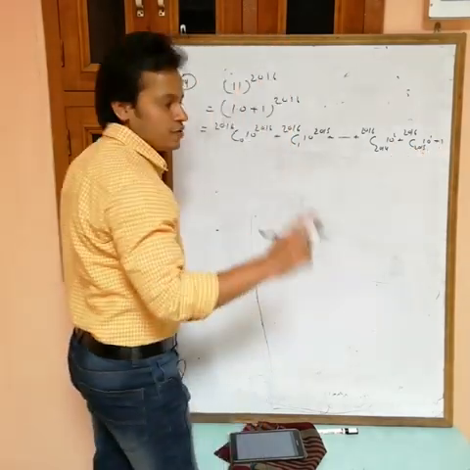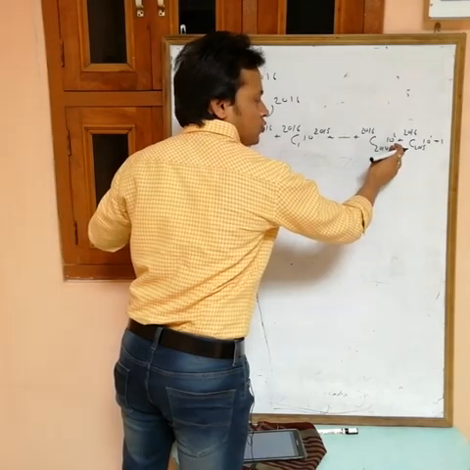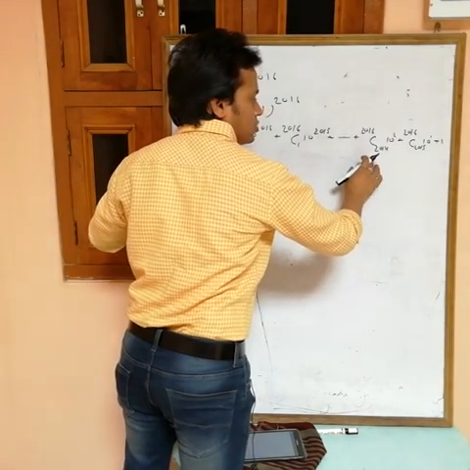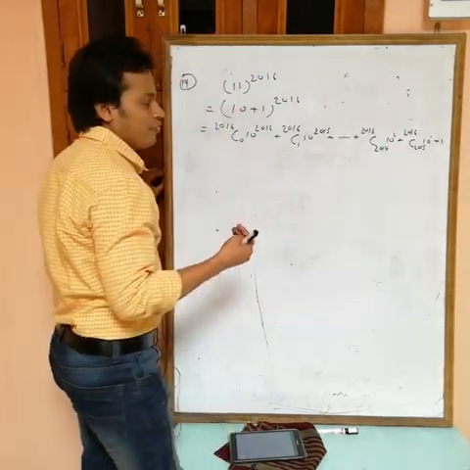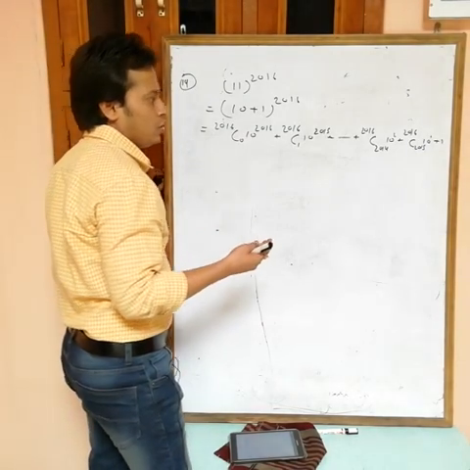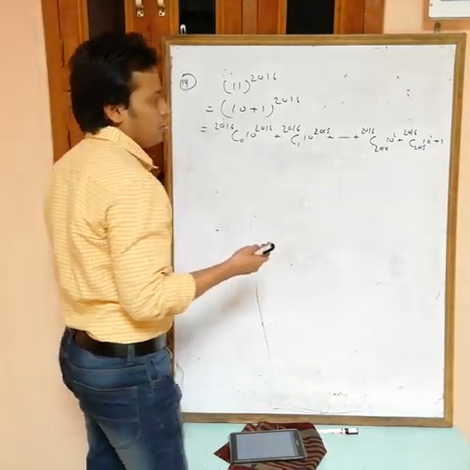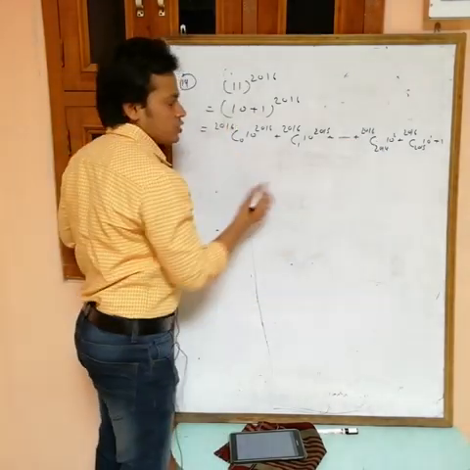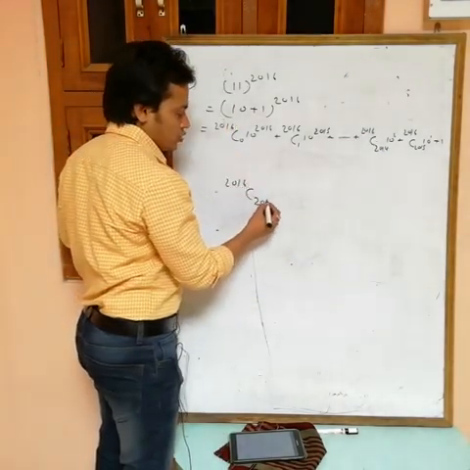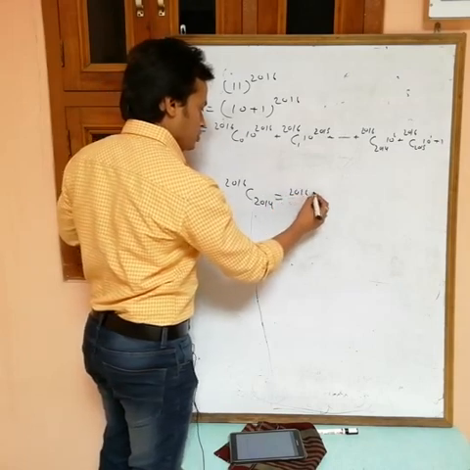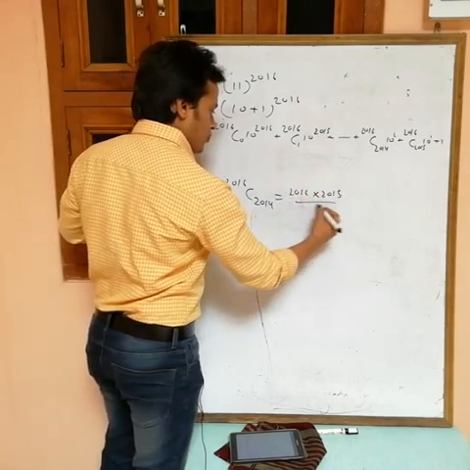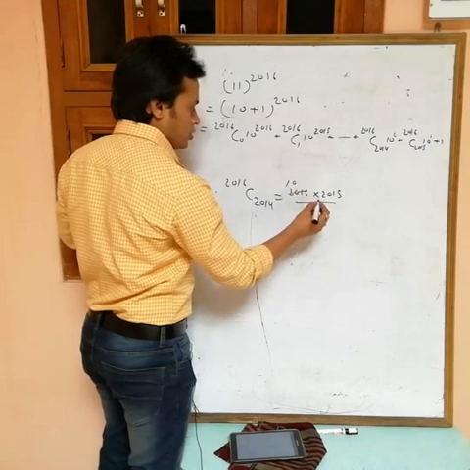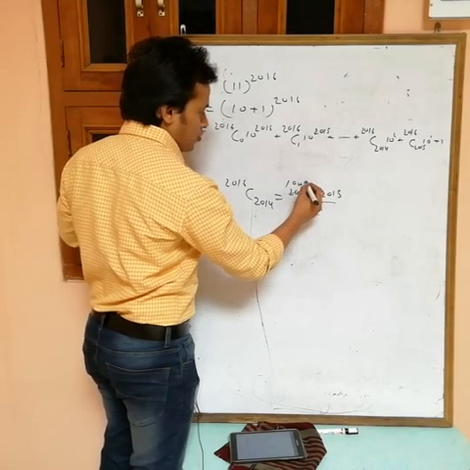We have only one 0 in this one. 10 power 2, 100 into 2016 into 2015 by 2. And this one you will get 10 power 3. Actually if you solve this one, 2016C2014, what you will get is 2016 into 2015 by 2. This is 1008.